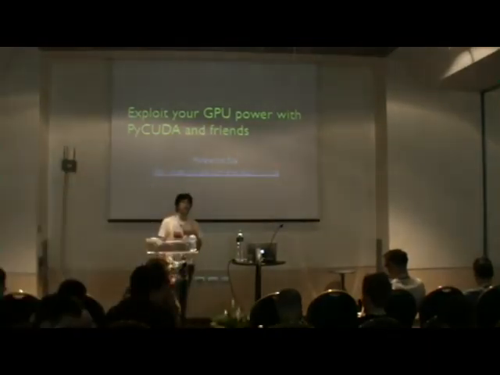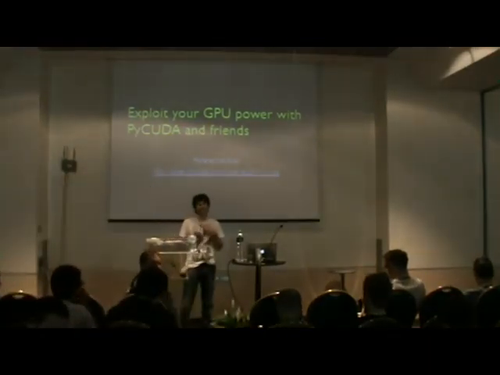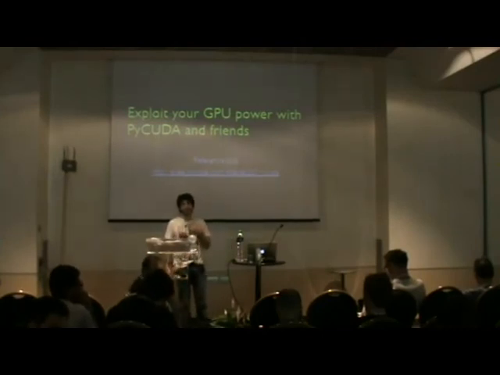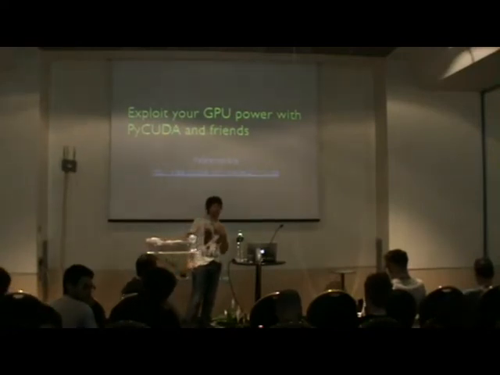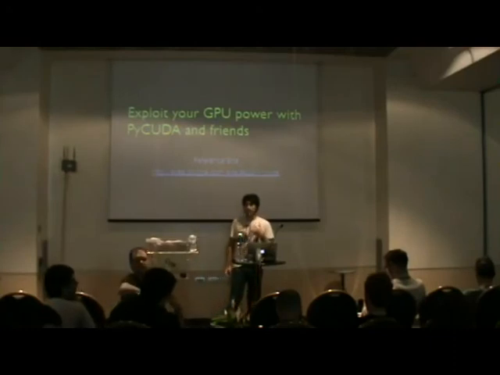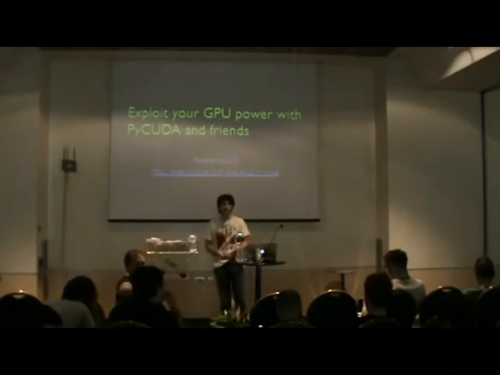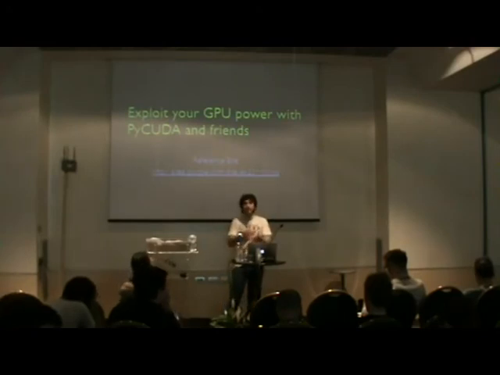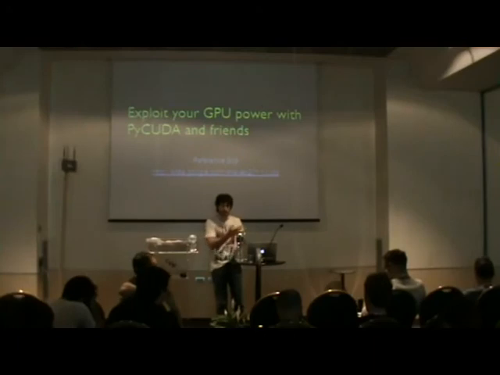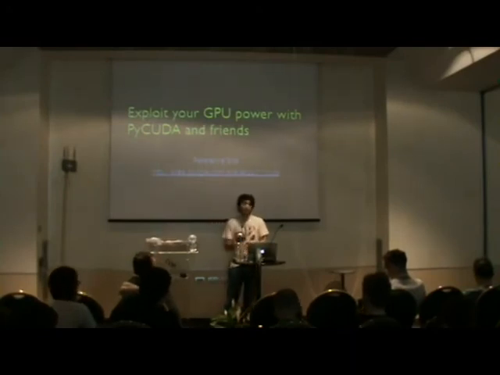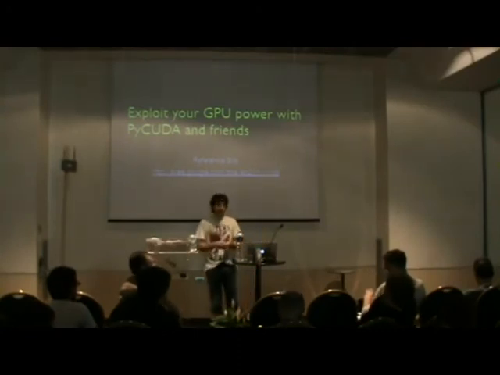You showed a simple example with two vectors, which are one-dimensional. Very simple. But what about going to higher dimensions, so matrix or three-dimensional arrays? Is everything much more complicated? Can you easily use this? No, it's not much more complicated. As I said before, there are a lot of libraries that do these simple linear algebra tasks in a very efficient way. So if you want to do some linear algebra operation, you don't write your own kernel, you just use some libraries.